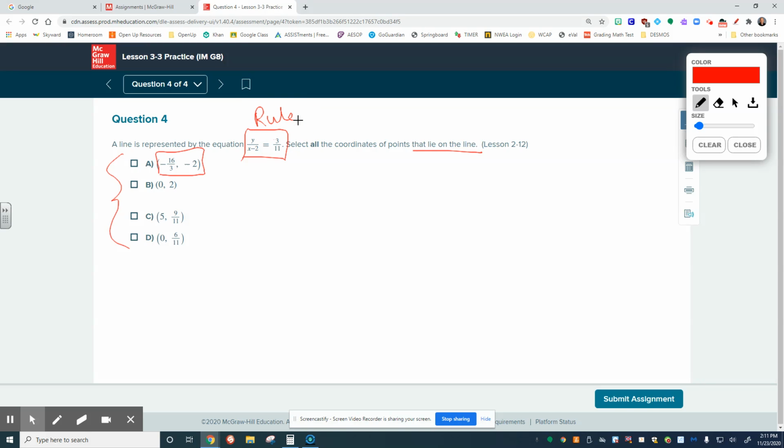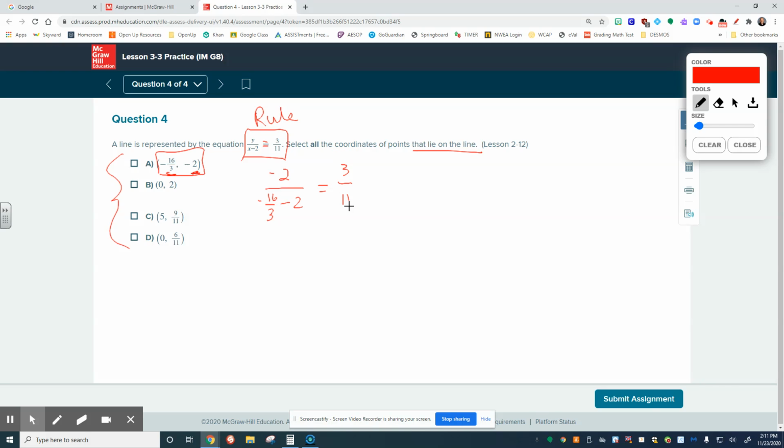So that means to follow the rule, both x and y have to make our equation truly equal to 3/11. So we want to substitute here. Y is -2, x is -16/3, minus 2, and this is supposed to be equal to 3/11. If this is the case, let's pull these together.